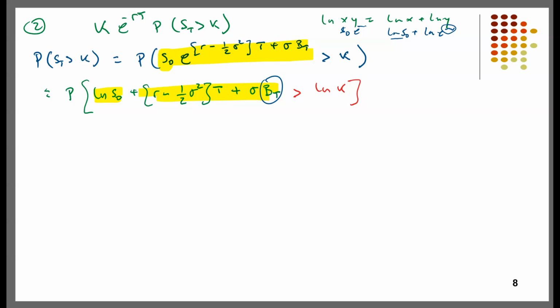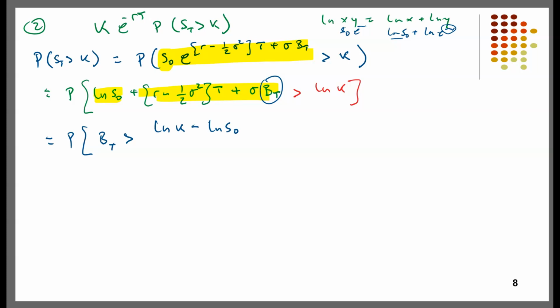Well, we simply say this is going to be equal to the probability of having the following. We're going to isolate BT. So BT here is going to be greater than the log of K. We're going to subtract the log of S0.